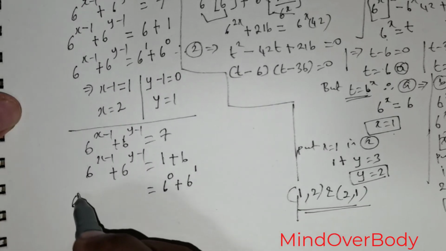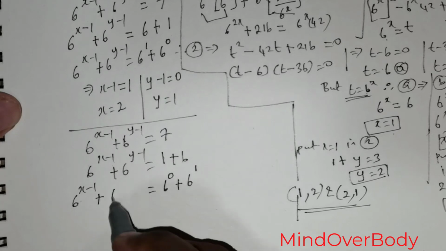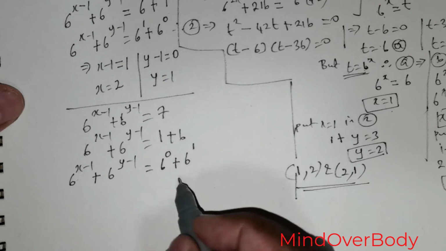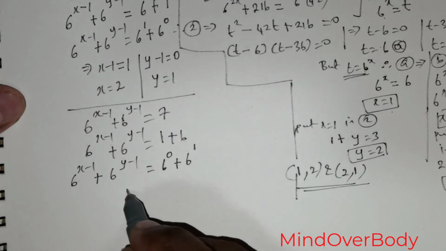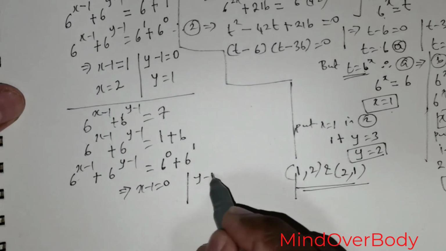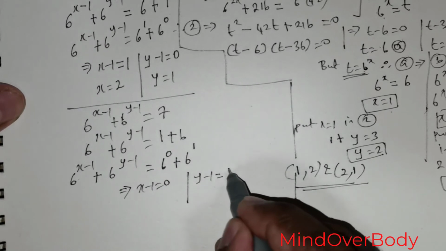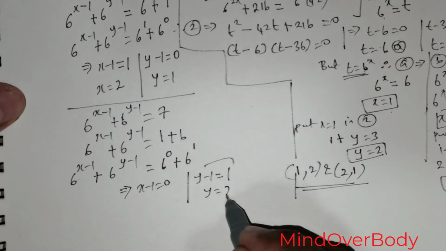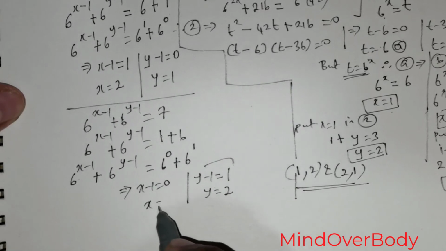On the left I got 6 raised to the power x negative 1 positive 6 raised to the power y negative 1. Now clearly if I were to equate the left versus the right, this would mean I get x negative 1 is equal to 0 and y negative 1 is equal to 1. So from here I get y is equal to 2, and from here I get x is equal to 1.